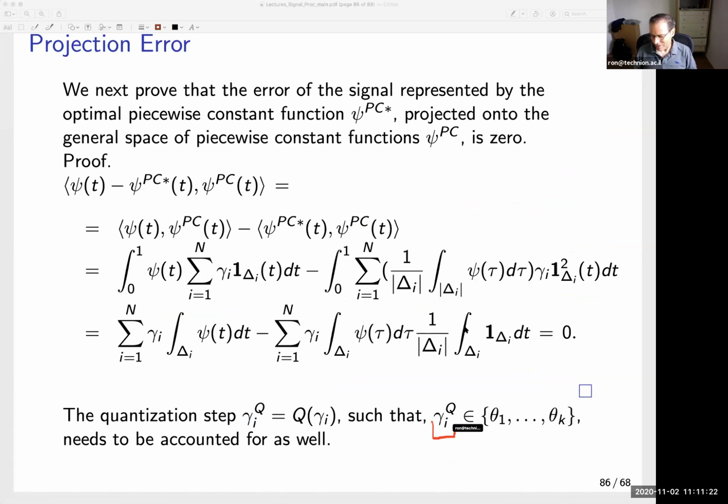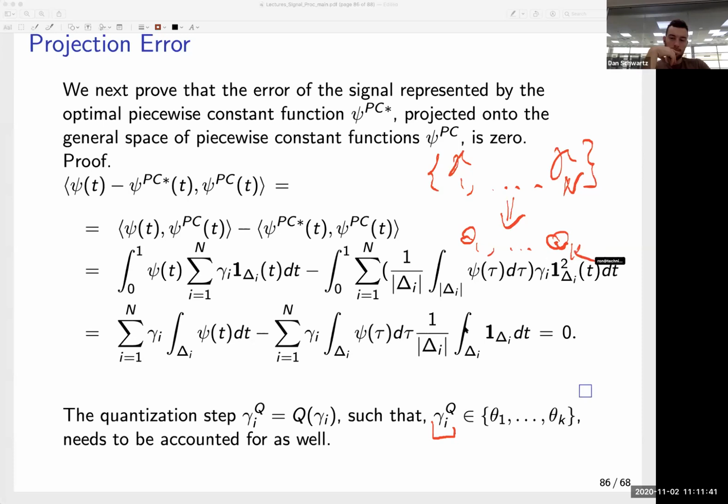So I have a set of gamma 1 until gamma n, and I would like to represent them as theta 1 to theta k. 2 points answer. How should I do that?